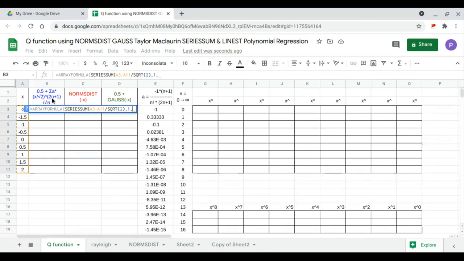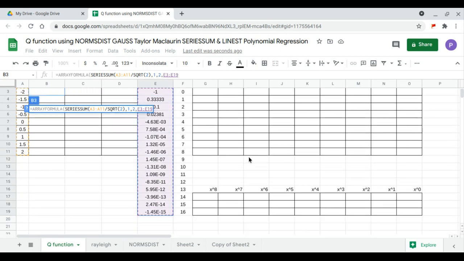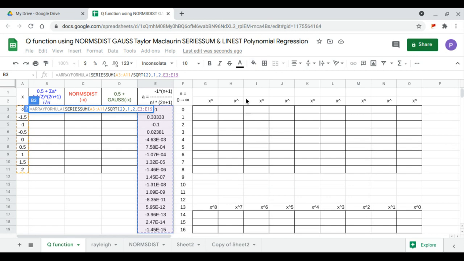Next is 2 times 2 plus 1, 5. So 1, 3, 5, 7, 9, 11. That's the increment is 2. And the coefficient is 3. Is 8. This range.